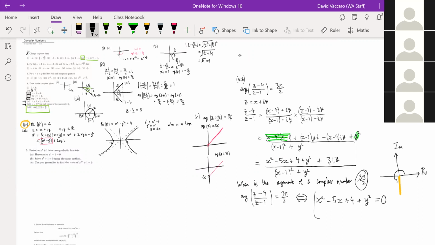And we can also conclude that 3y, the coefficient of i, is negative. Notice that the denominator is the sum of two squares, so the denominator is definitely positive. So we can also conclude that 3y is negative, which is equivalent to y being negative. Does anyone recognize the type of curve that we've obtained in STAR?